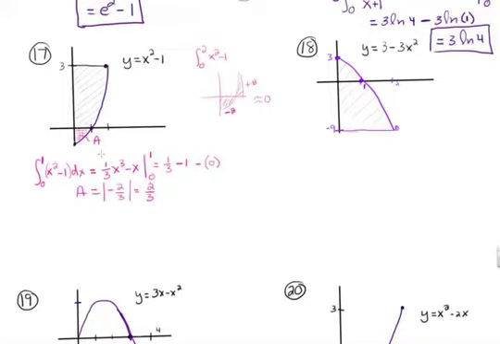Okay, so now if we integrate from 1 to 2, that would give me this area out here. And I don't want that area. But if you'll notice, taking that area I don't want and combining it with the area I do want gives me a rectangle. And so that gives me an idea that we could find the area of this rectangle. It's a height of 3 and a width of 2.